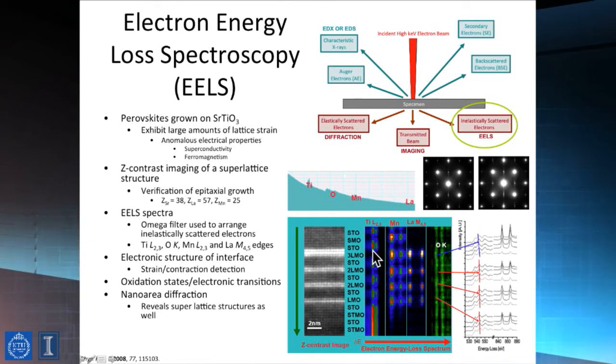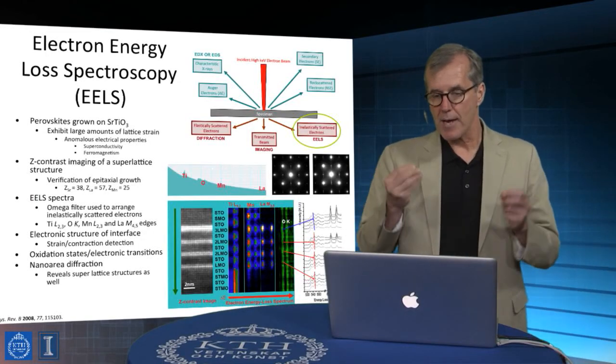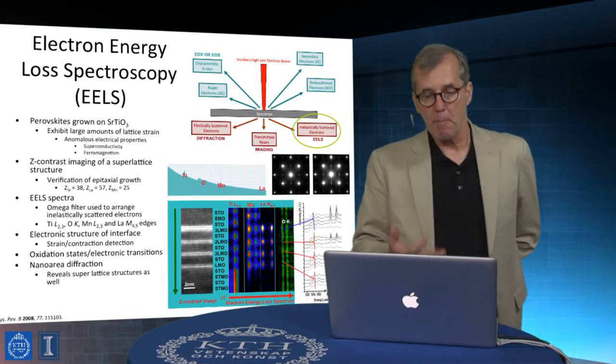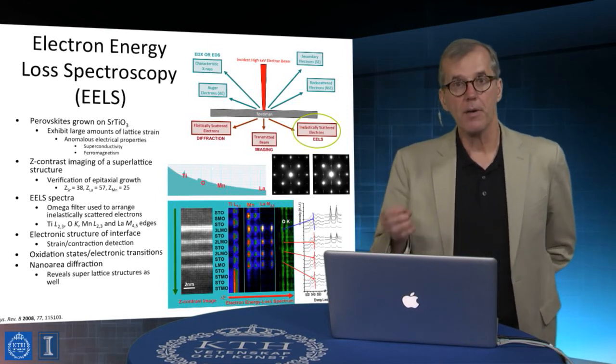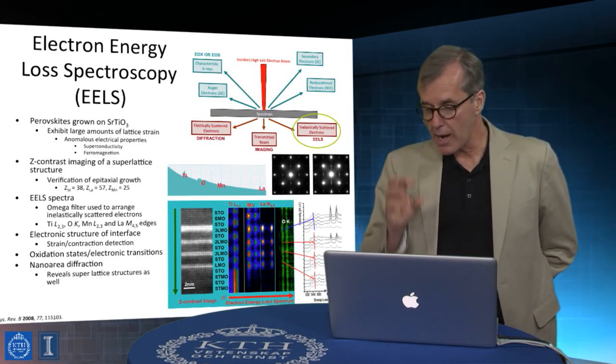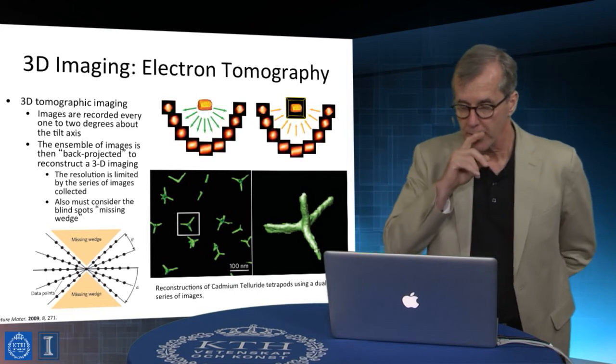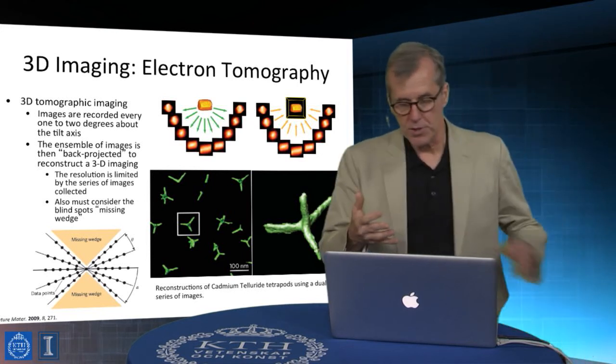And one notices in this that we can look at the EELS spectra associated with the placements of atoms, for example, particular levels for titanium, manganese, and lanthanum, and also oxygen, that tell us about how substitutions of atom types lead to changes in the electronic structure of all the atoms that are bound in that crystal. So this is the kind of measurement, and the kinds of details, that can come from atomic resolution imaging of this type.